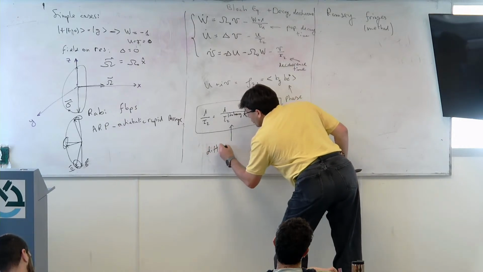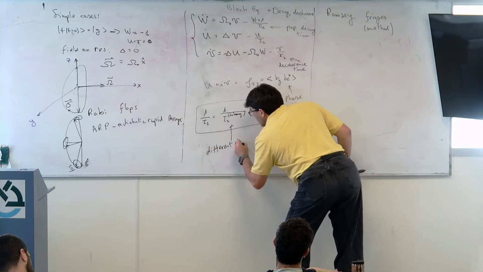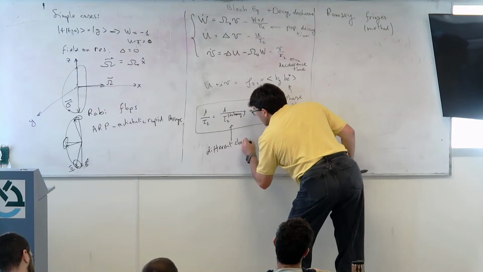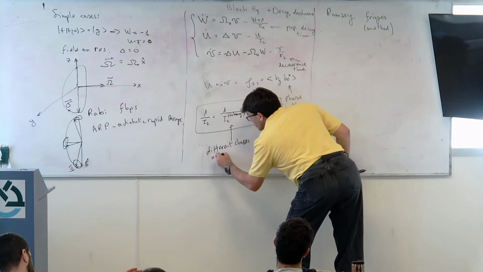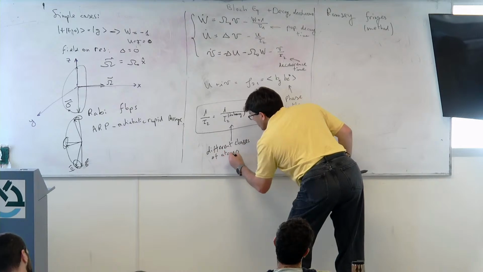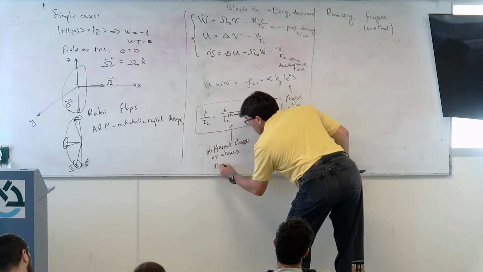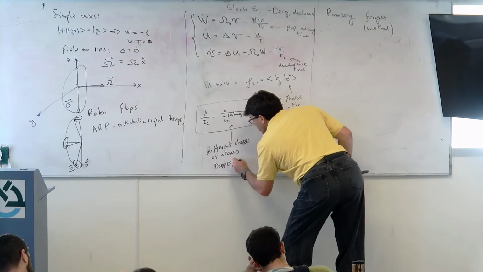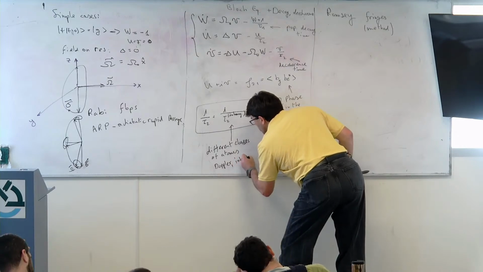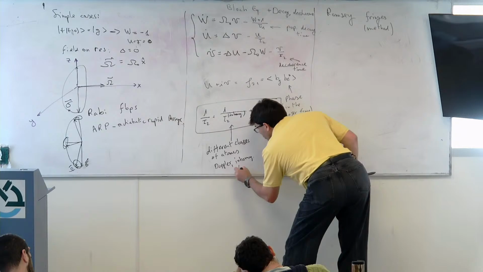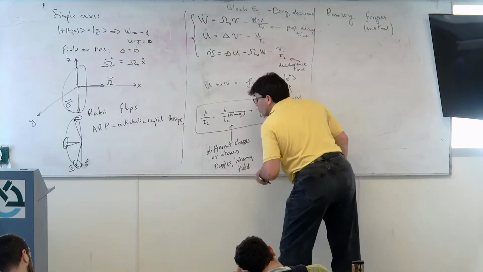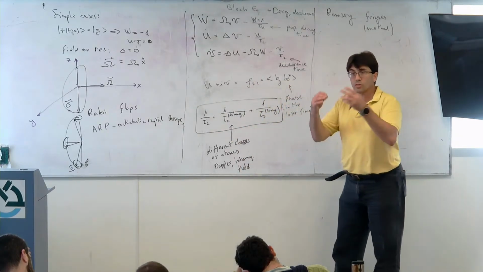different classes of atoms. That can be Doppler. That can be inhomogeneous field, magnetic or electric field across the sample.